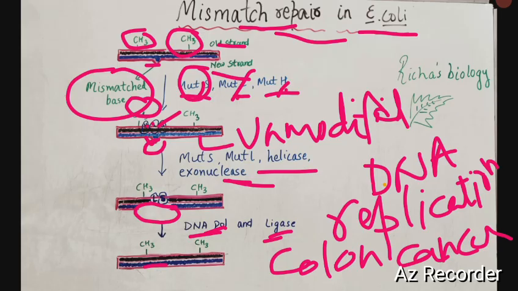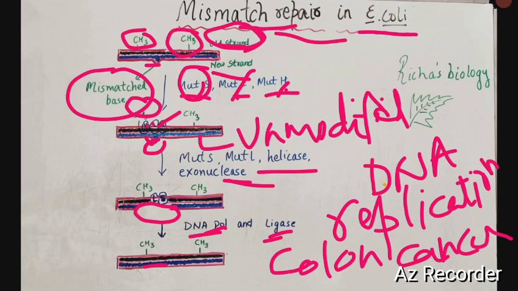Second point: the mismatch repair system detects and excises the mismatch bases in newly replicated DNA, which is distinguished from the parent strand. This blue one is the newly replicated strand. This black one is the old strand, the parental strand. You can see the new strand doesn't have any methylation, while the parental strand has methylation.